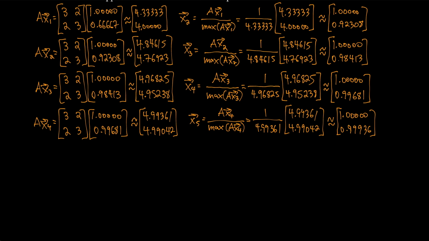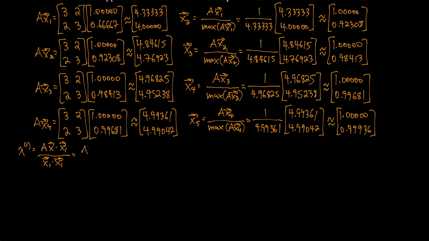Okay, let's get the lambdas now. So for lambda 1, we have AX1 dotted with X1 over X1 dotted with X1.